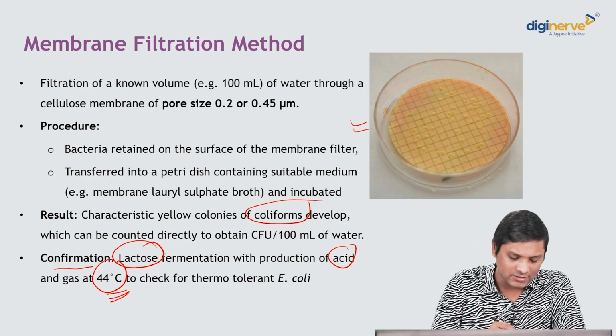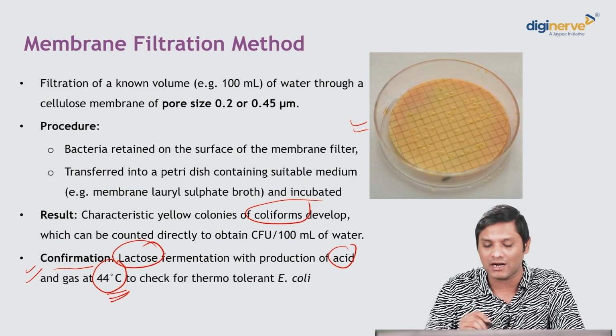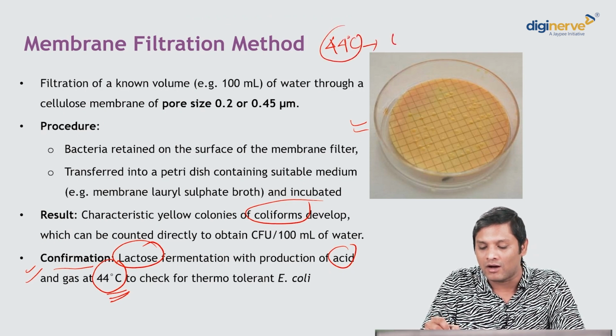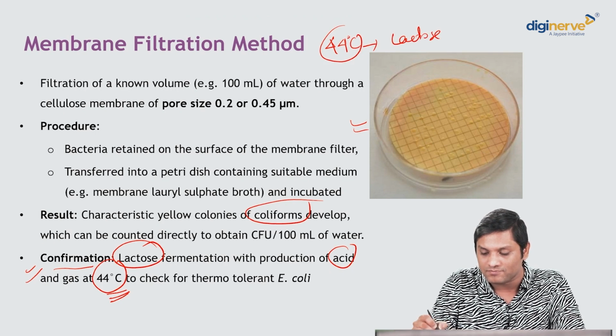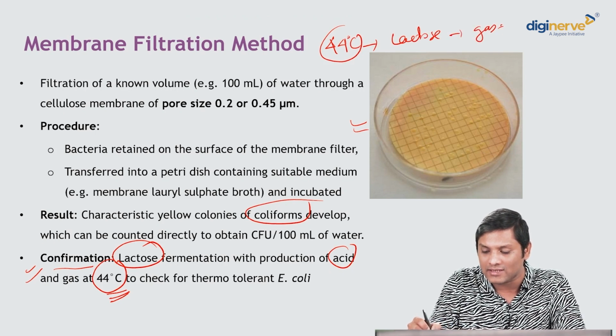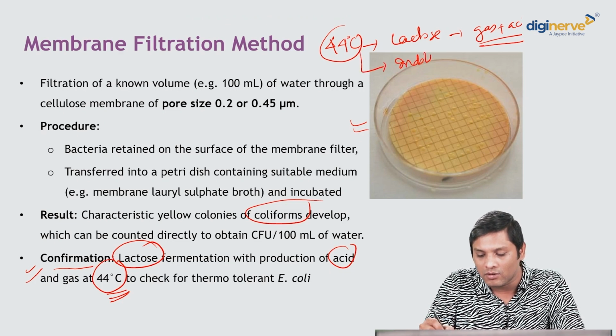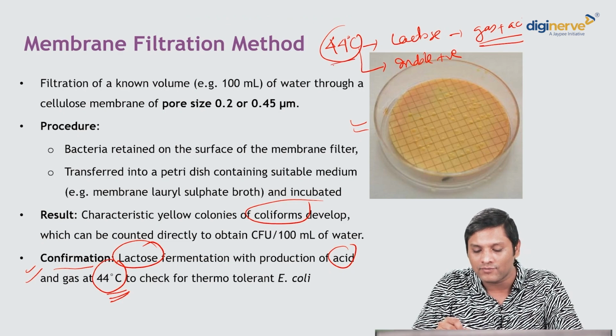A similar kind of test you have to perform here to check whether at 44 degrees centigrade it is fermenting lactose or not, whether gas and acid production from lactose is happening or not, and whether it is producing indole or not at 44 degrees centigrade.